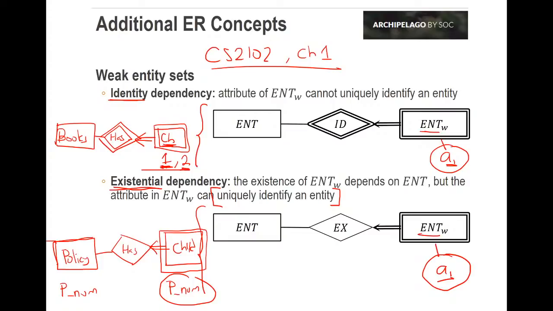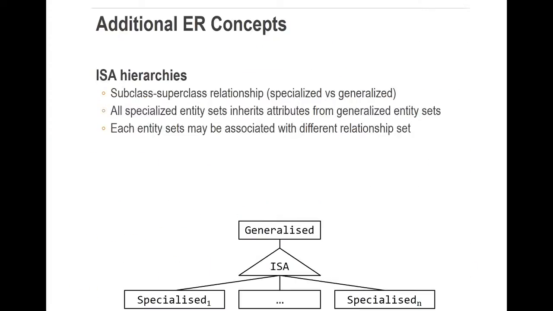Another kind of concept is the is-a hierarchy. So this is another way to write an is-a hierarchy. It's talking about the superclass-subclass relationship, where this is your superclass, or the generalized one, and this is your specialized one, which is the subclass. The implicit point is that if I have an attribute A1 over here, I don't need to have A1 over here, I just need to have A2 over here.